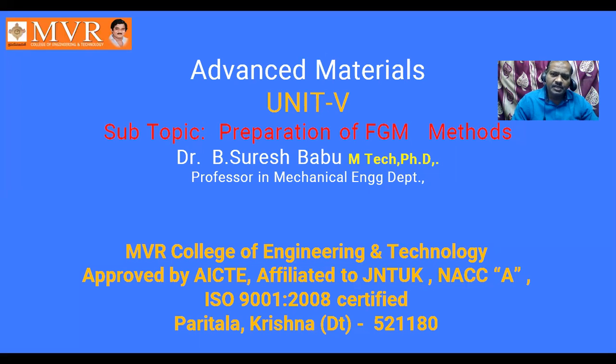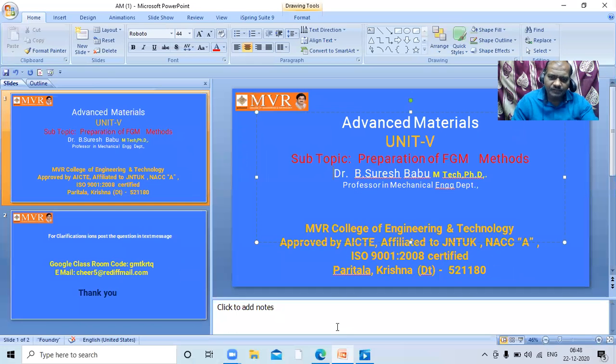I repeat once again, the aim of the class is to know the classification of FGM methods and to know three methods of how to prepare this FGM. FGM means functionally graded materials. Then let us go for the presentation of the class.